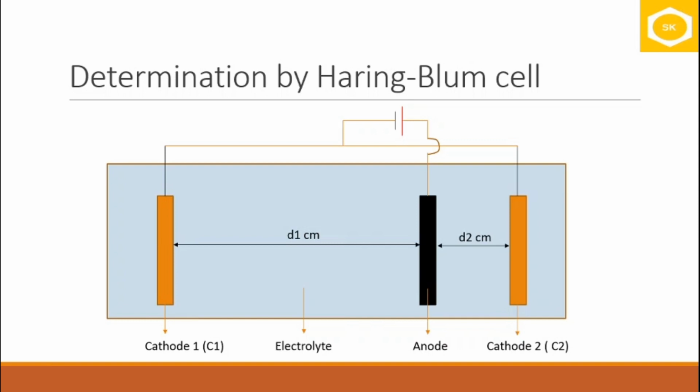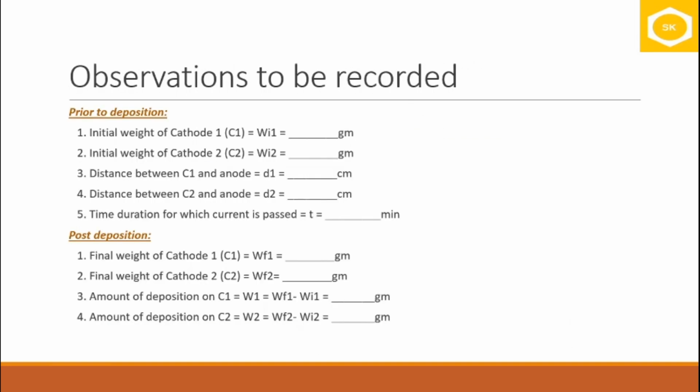Now, in order to understand this experiment in further details, let us have a look at observations. Observations show that there are two sets of readings that we will have to take. One, prior to deposition of metal, and other after the deposition takes place.